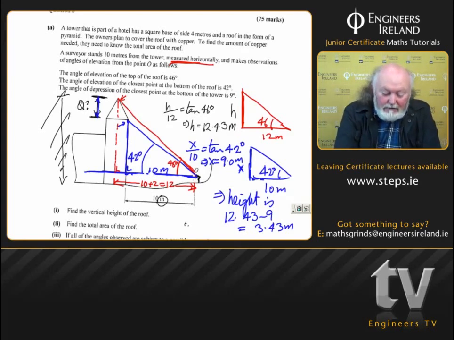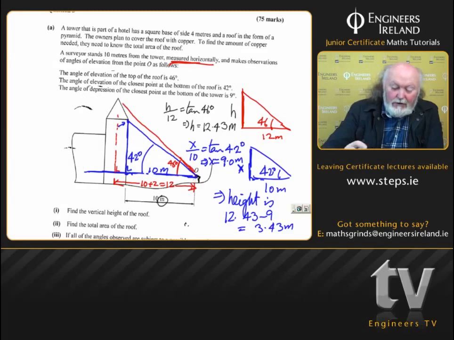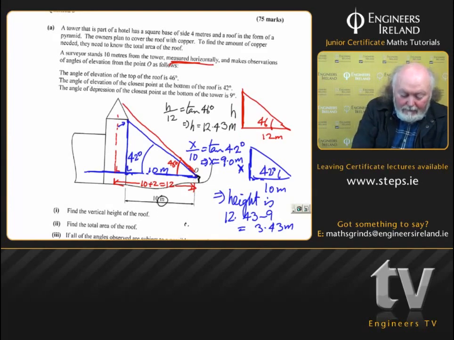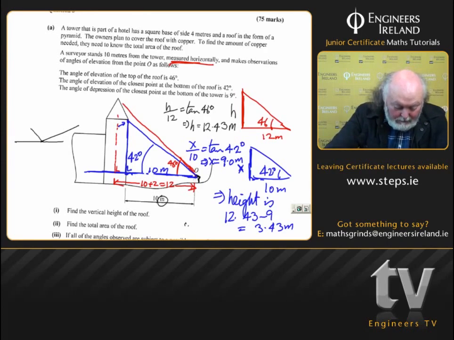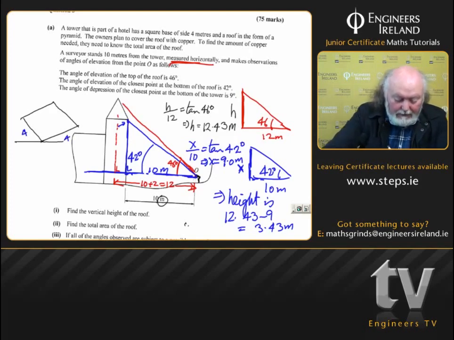But the problem doesn't stop there, because we have to now recognize that we have a little visual problem to solve. Let's draw what the roof looks like. That's just a horizontal line for convenience. I'm going to form a square base. Now, having formed the square base, we know the sides are 4 meters by 4 meters, and let's just find the middle of it, approximately.